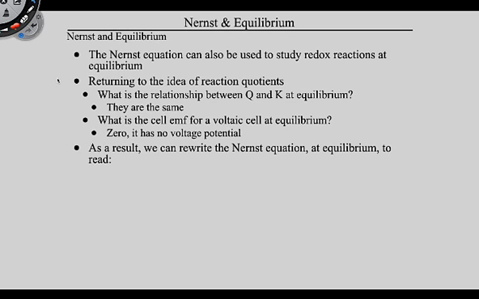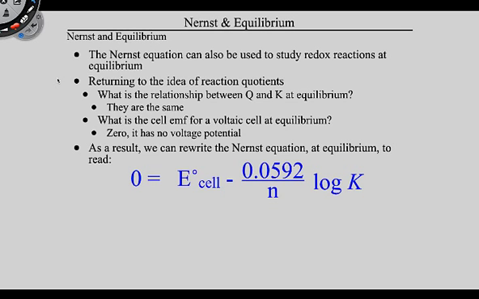So guys, look at what we can do. Take the Nernst equation and solve it for these two realities. This is what the Nernst equation looks like when the battery's dead. Where is the fact that the battery's dead? 0 voltage. Where is the fact that at equilibrium Q is Kc? Well, we just replaced it.